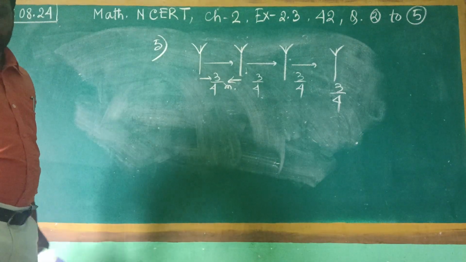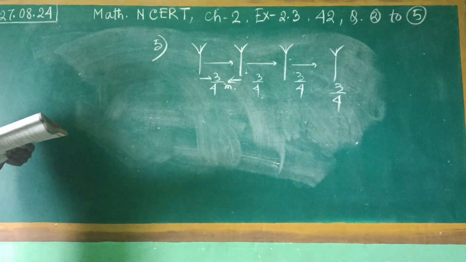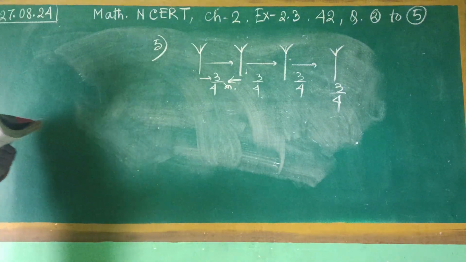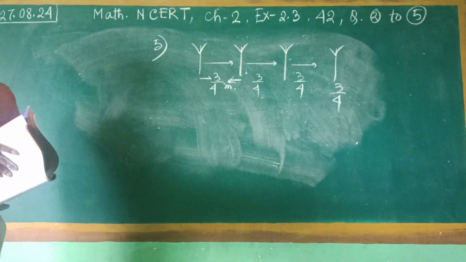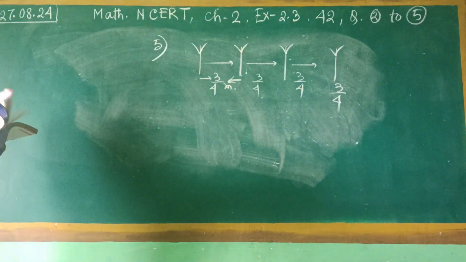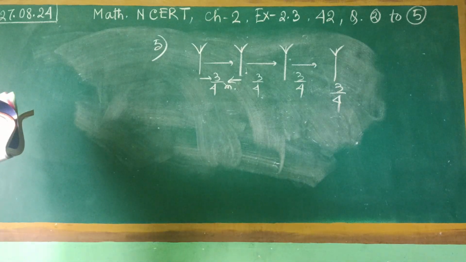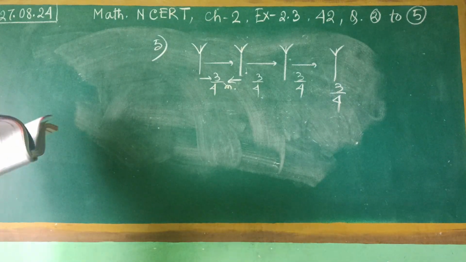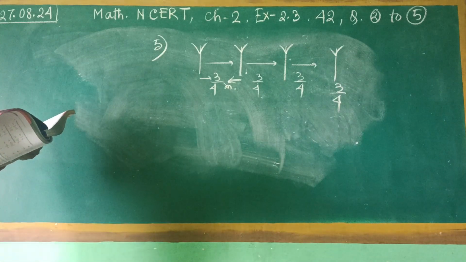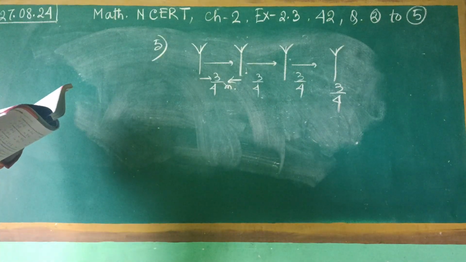Okay, so how will you solve? Find the distance between the first and the last sapling. So how many distances are there? There are actually 3 distances.